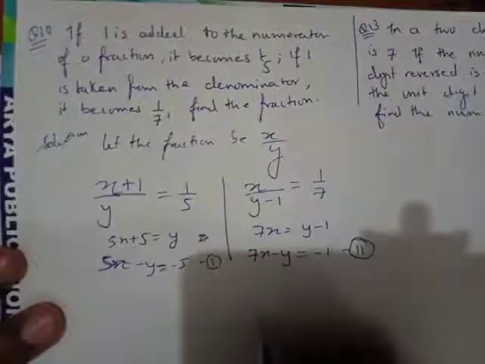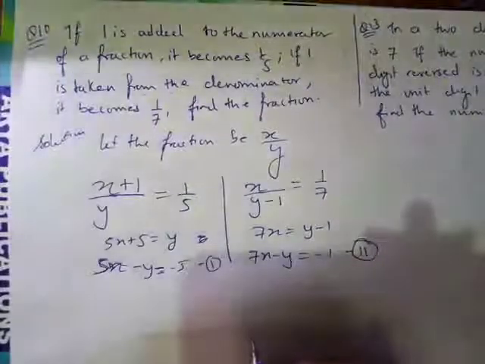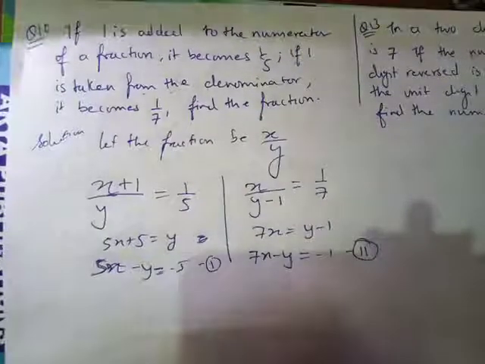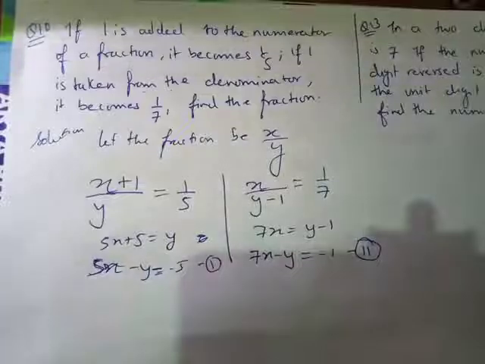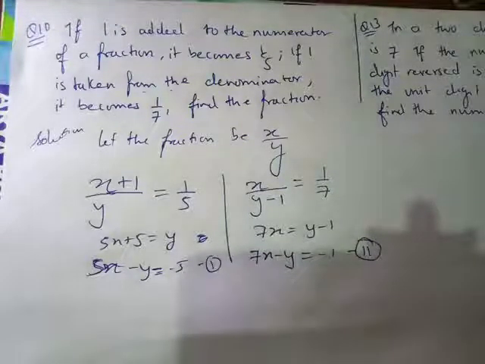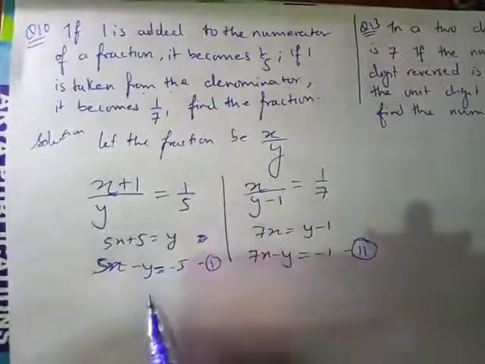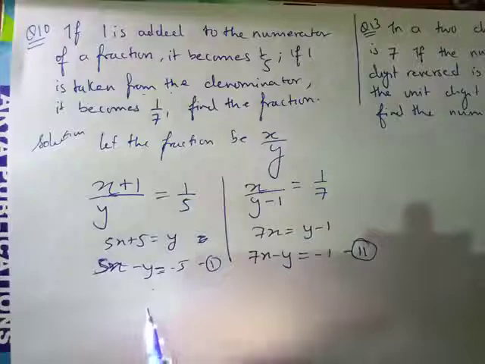There are three ways of solving the equation: the elimination method, the cross multiplication method, or the substitution method. If you have a look over here, I have x, y and y the same. I'll say subtracting both the equations.